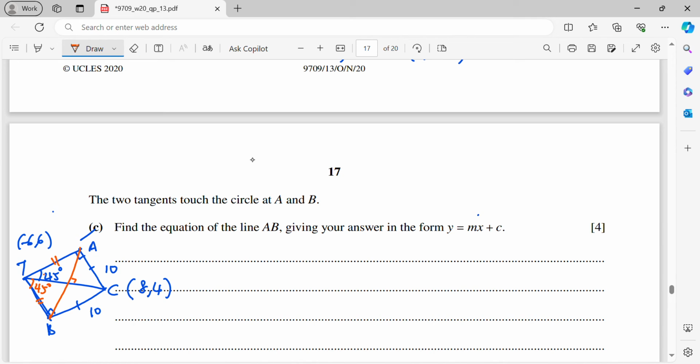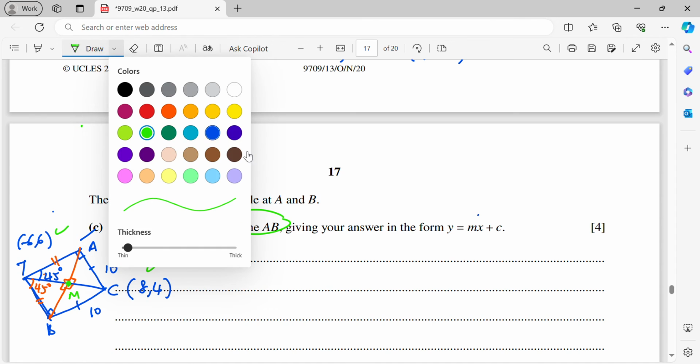That means here will be 90 degrees. So, if I let these midpoints be M, the line AB is perpendicular to the line TC. Since T and C are given, I can find the gradient, and then I can form the line AB using the midpoint M.